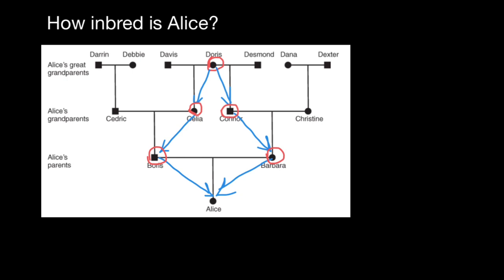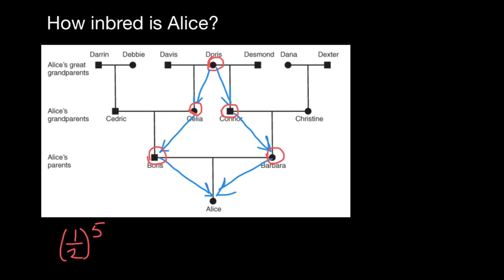As you know, each person gets half of their genes from the mother's side and the other half from the father's side, or we can say chromosomes or genetic material. So we are going to say 1/2 to the power of 5. This is the number of nodes, and we have 1, 2, 3, 4, 5 nodes here.